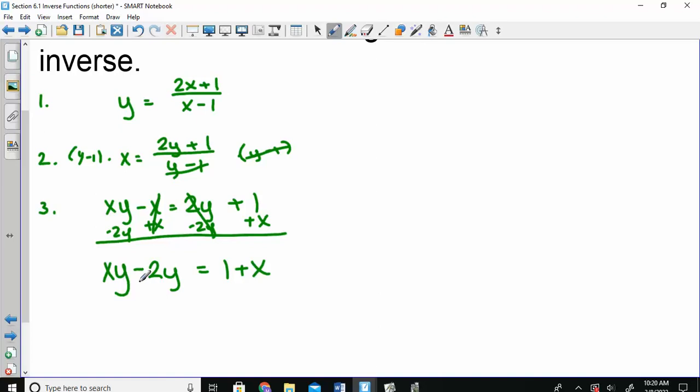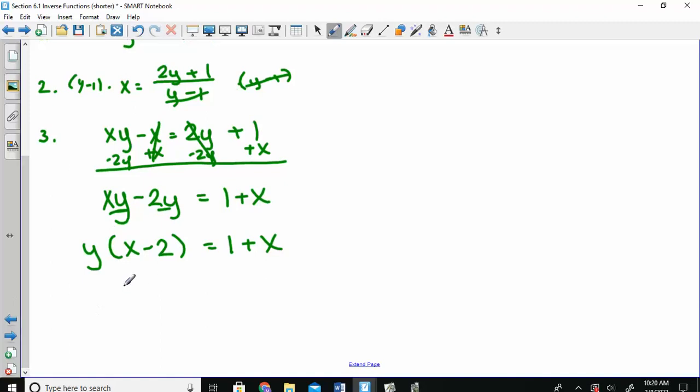Before I divide, what do they both have? If I take out the y, then I have y times x minus 2. So now you can divide by the x minus 2. And final step, how do we show we found an inverse? Instead of y, we write f inverse of x. Yep.